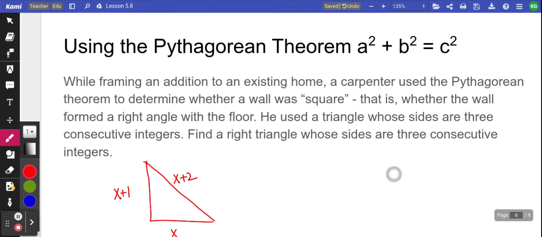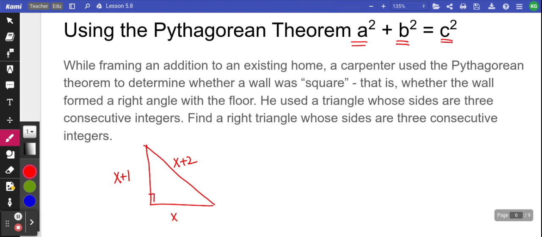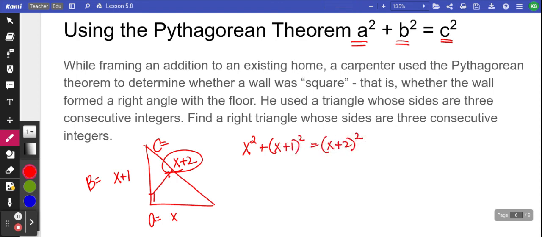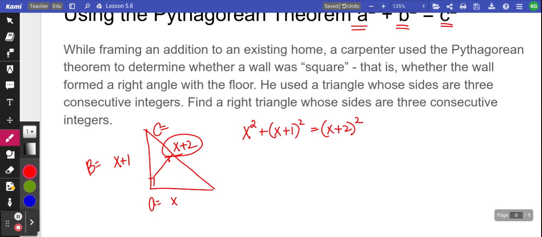Now, the Pythagorean theorem says to take the two sides squared and set it equal to the hypotenuse squared. From geometry, remember that this would be the hypotenuse. So this would be A, this would be B, and this would be C. So for A squared, it'd just be x squared plus B squared equals C squared. Now I want to set it in standard form, so I'm going to have to do a lot of foiling here.